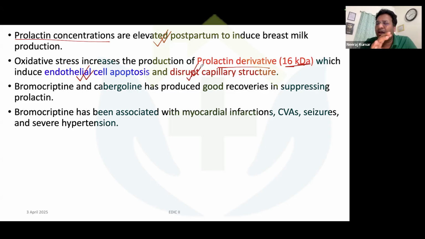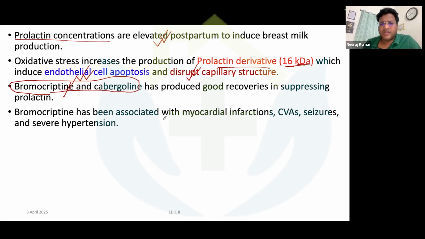So this may be associated with the question of how this prolactin concentration is going to affect the pathophysiology of PPCM. It is going to cause endothelial cell apoptosis by increasing the oxidative stress. For that, you can add bromocriptine and cabergoline for the treatment, because these are prolactin inhibitors and they have very good recoveries in suppressing the level of prolactin.